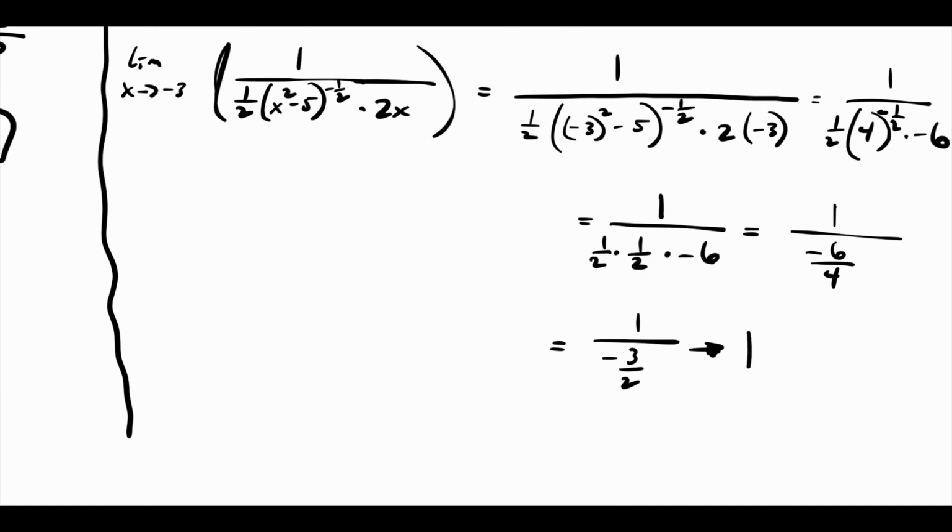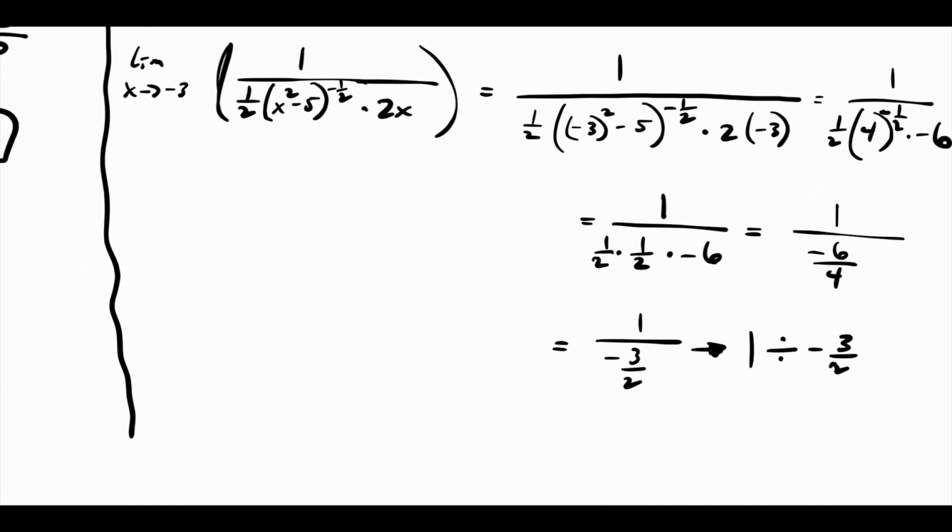So I have 1 divided by negative 3 over 2. Keep, change, flip. Keep the first one, change the multiplication, flip the second, and I get negative 2/3.